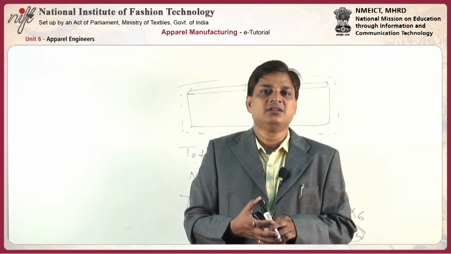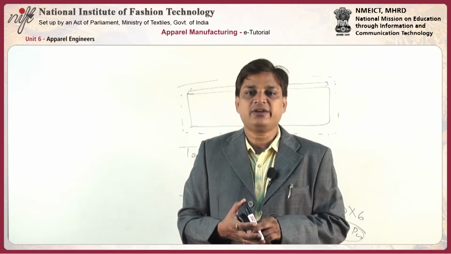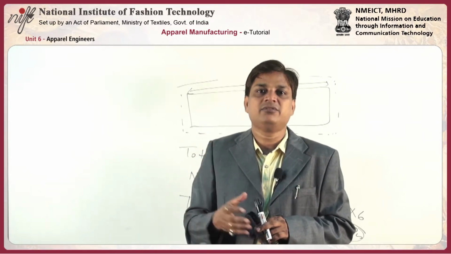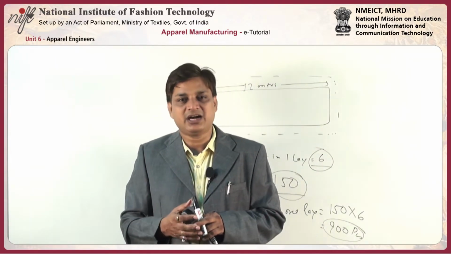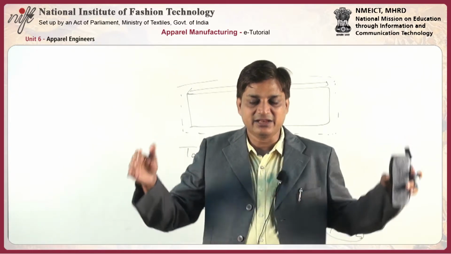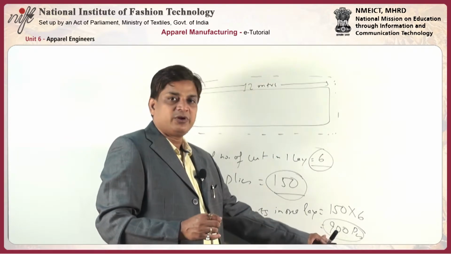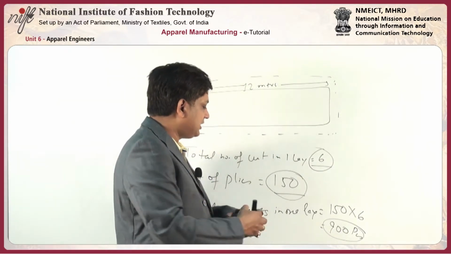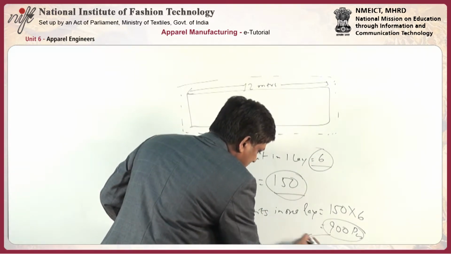For the solid, the further calculation of the number of tables required will depend on the cutting time. Suppose in an hour we can cut 900 garments. We have taken the example that 900 garments are going to be cut in one particular lay.